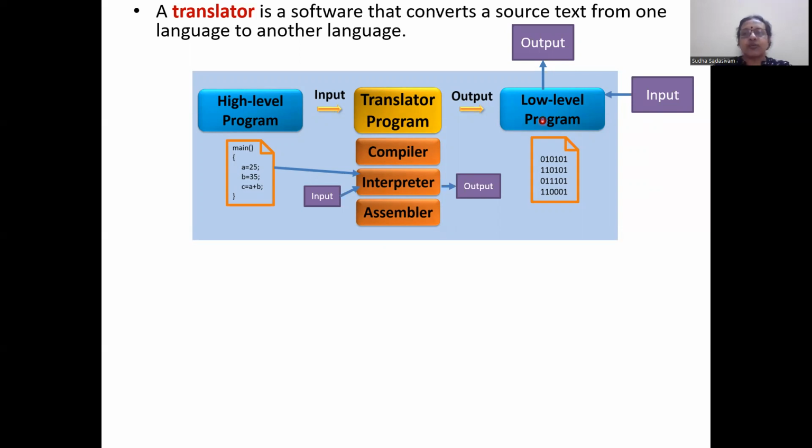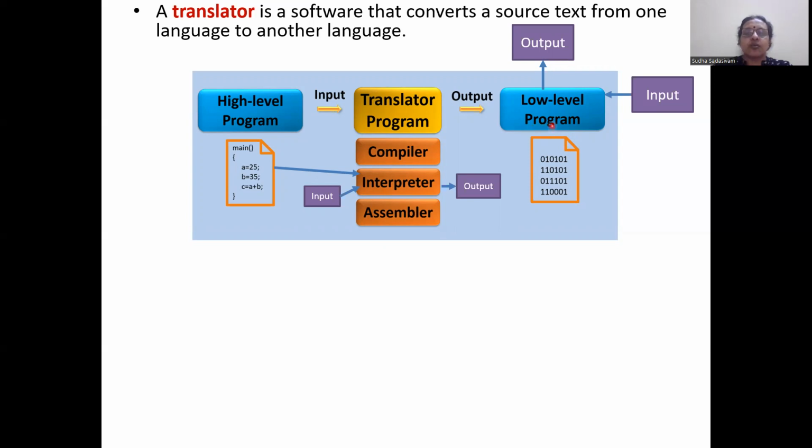Now, this object code is given an input, which when executed produces the desired output. The second type of translator is one in which we give the input as an assembly level language or an intermediate level language. It translates it into the machine level language that could be understood by the low level machine.